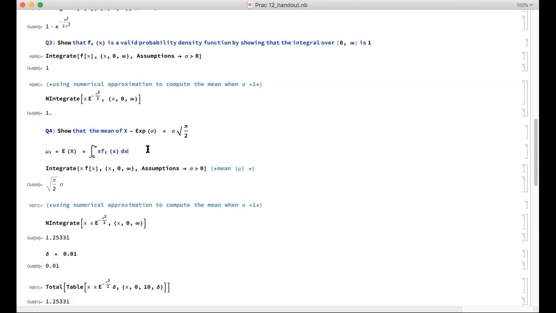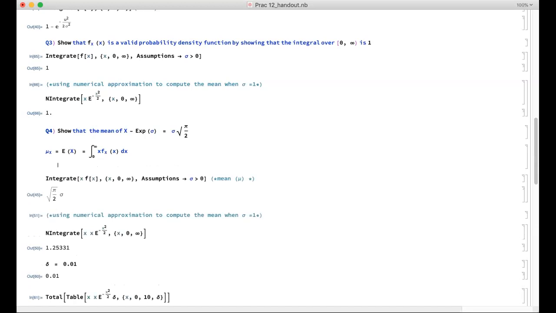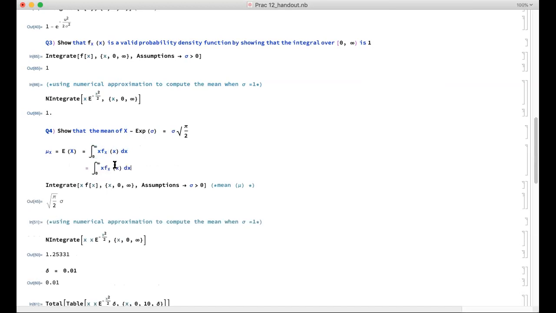What's the method that you would be using? This is equal to, instead of x.